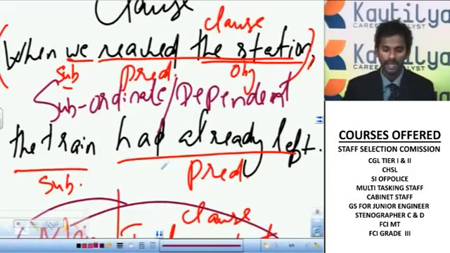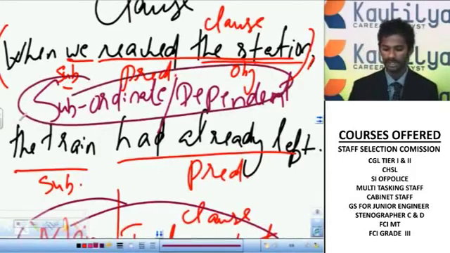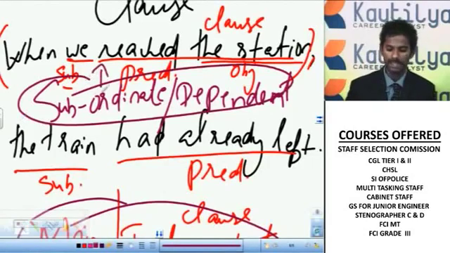Right. So any clause that makes an incomplete meaning or an incomplete sense is termed as the subordinate clause or the dependent clause. So a clause making a complete meaning is the main clause or the independent clause, whereas a clause making an incomplete meaning is a subordinate clause or the dependent clause. Clear?